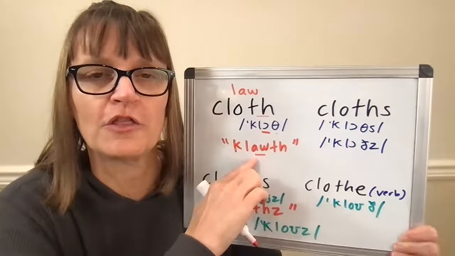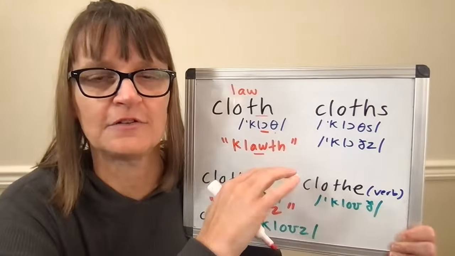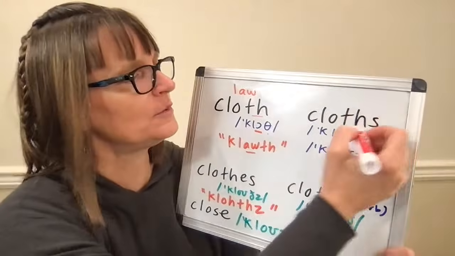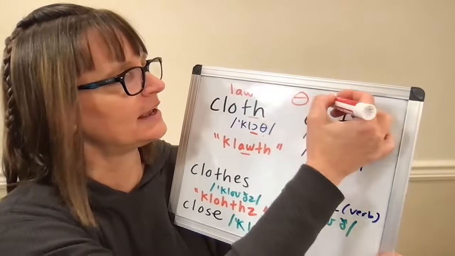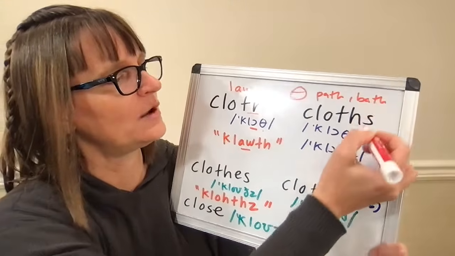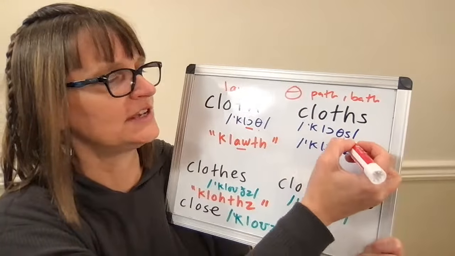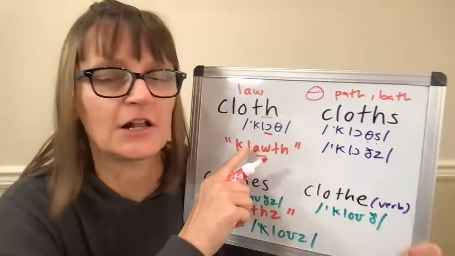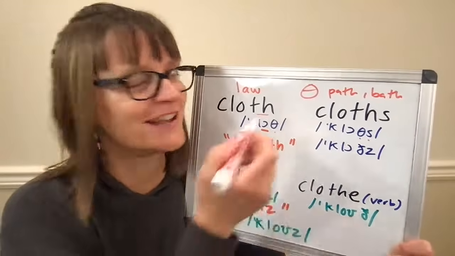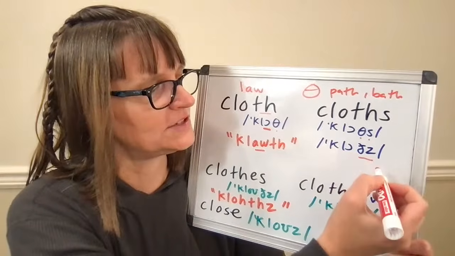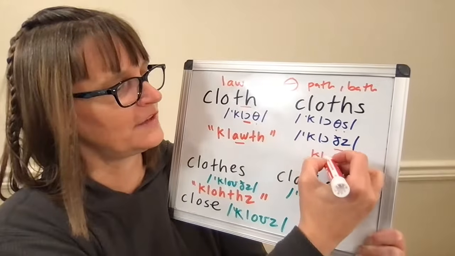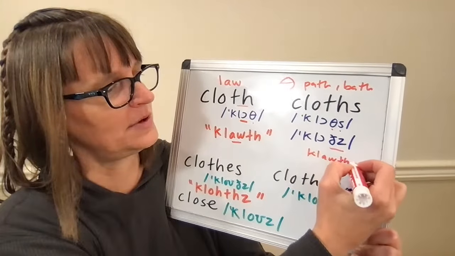When we make cloth plural, like somebody has a lot of cloths, there's two options. And this is true for other words that have the voiceless TH, like path and bath. One way to make that plural, with the voiceless th, is just to add an s. So I can say cloths, but oftentimes we change the pronunciation and we make a voiced th, which sounds more like cloths. I'll put it with a z there.